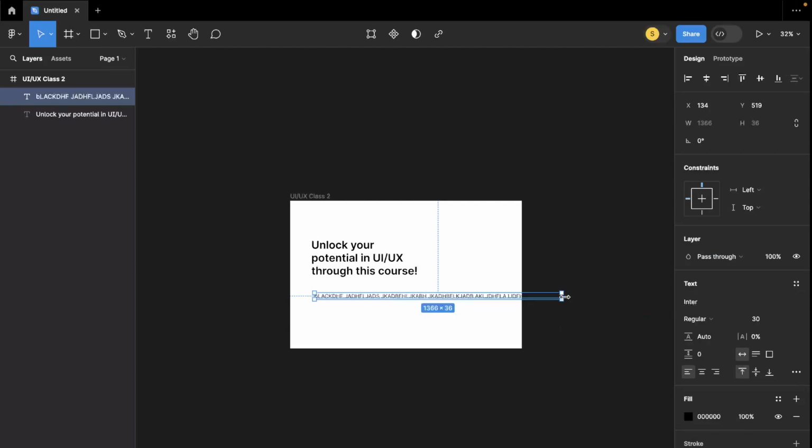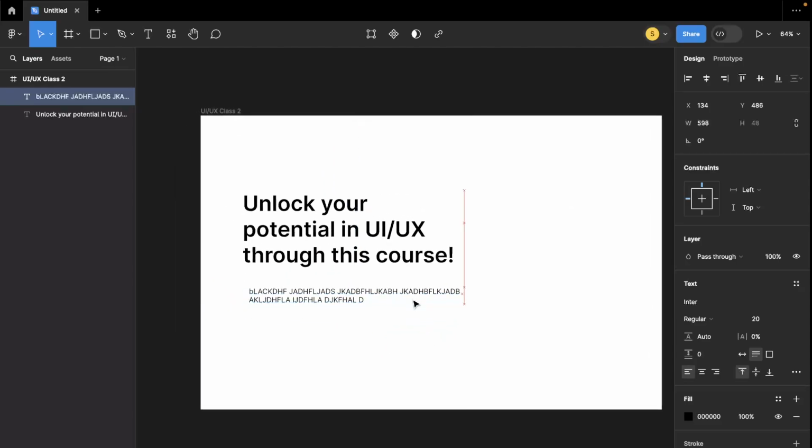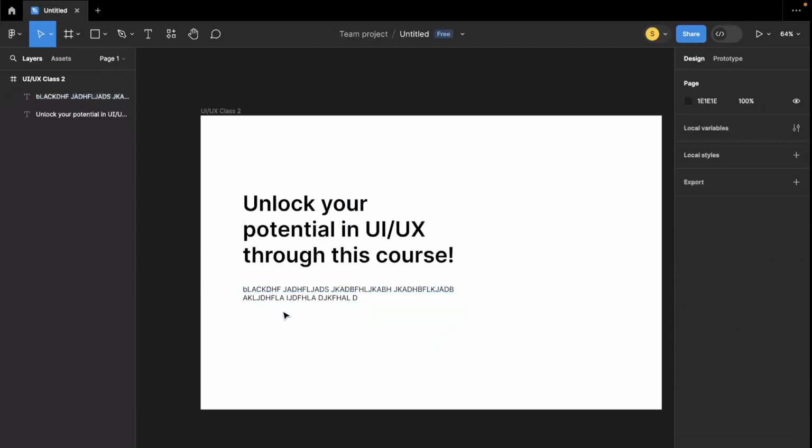If you want to reduce the size of it, come to this part and reduce it like this. Still the size of this is quite big, so I'm changing it to 20. And I'm keeping it over here. Fine. So now my hook line is ready. This text is also ready.